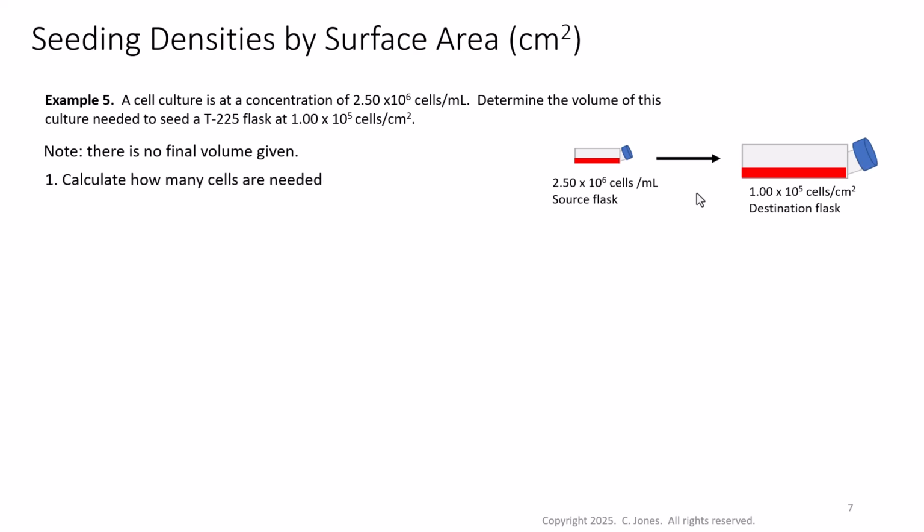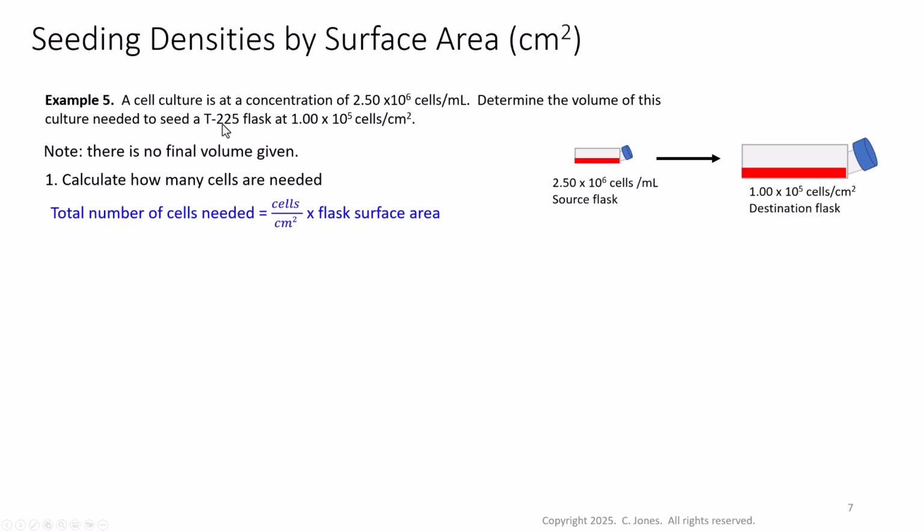Okay, so first thing we're going to do is calculate how many cells we actually need. So the total number of cells needed is equal to the cells per centimeter squared, that's our starting concentration of cells, times the flask surface area. So how do we know the flask surface area?